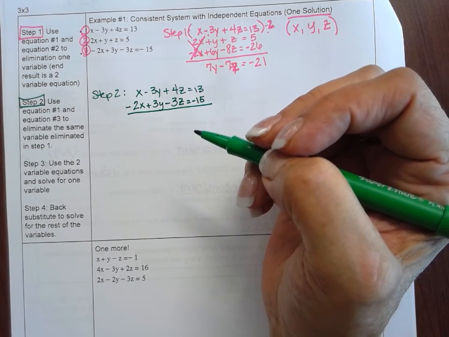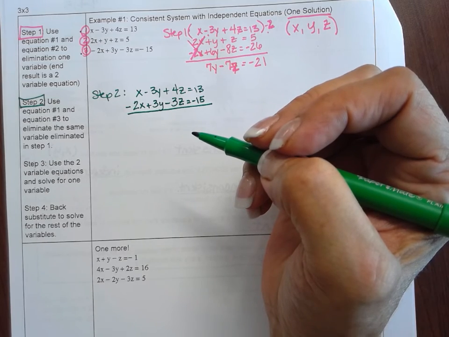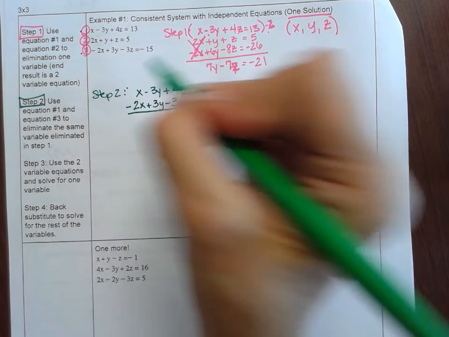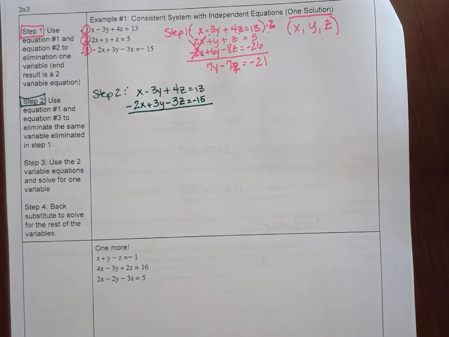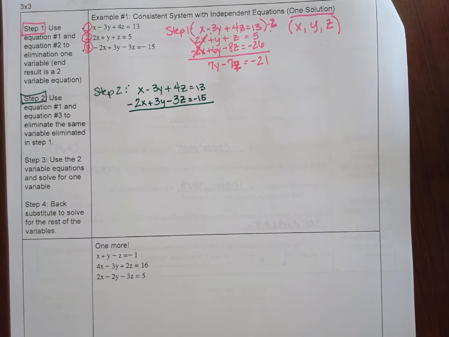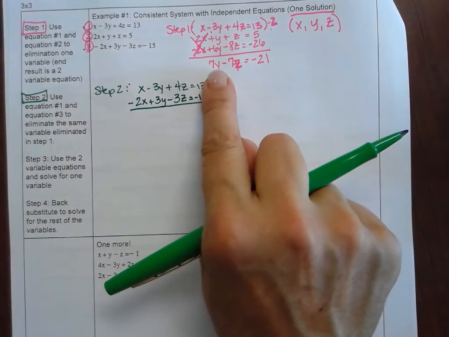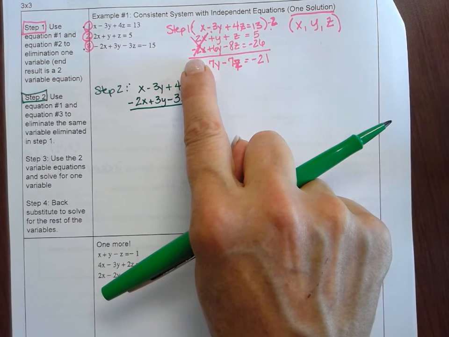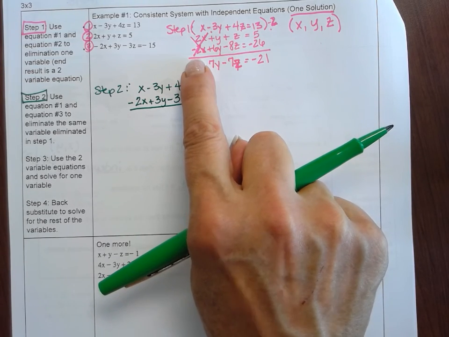What am I going to do this time? Cancel out your threes. Nope. Why don't I want to cancel out my 3's? What did I cancel out in the first one? The x. So I need to cancel out my x in this one.